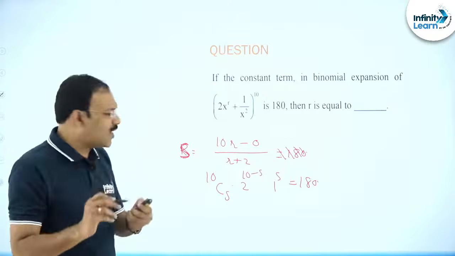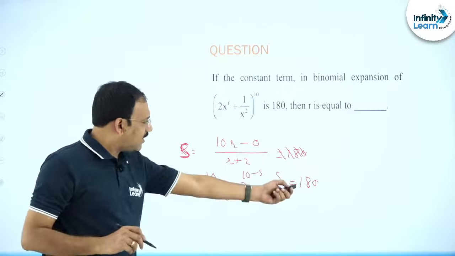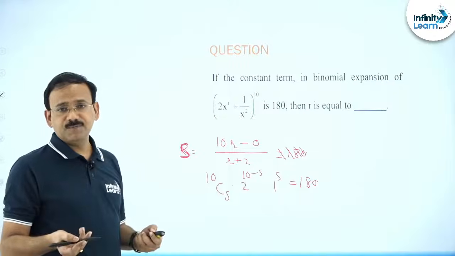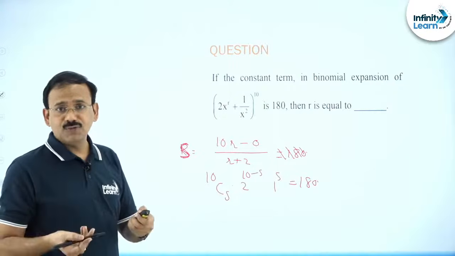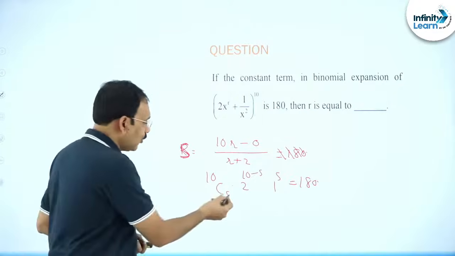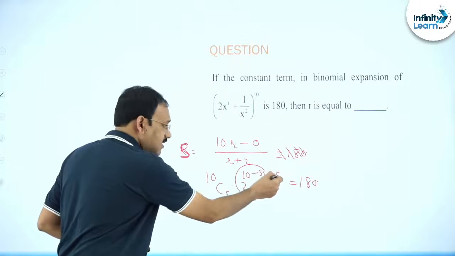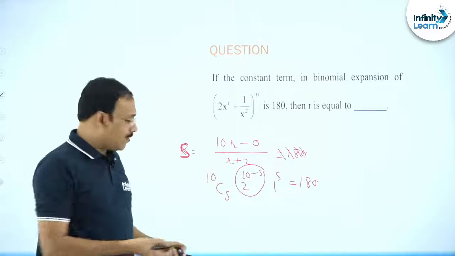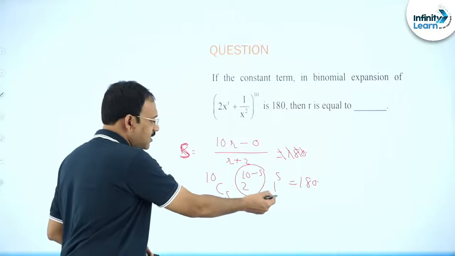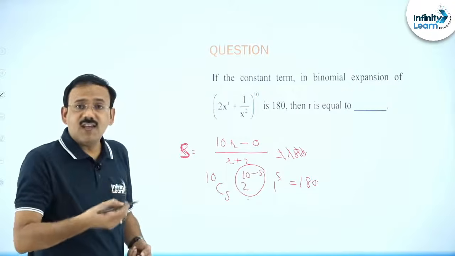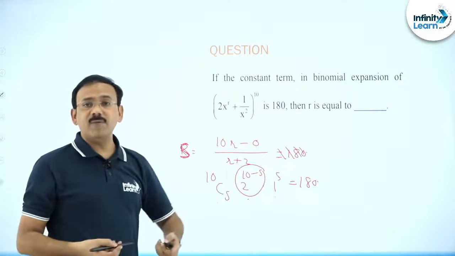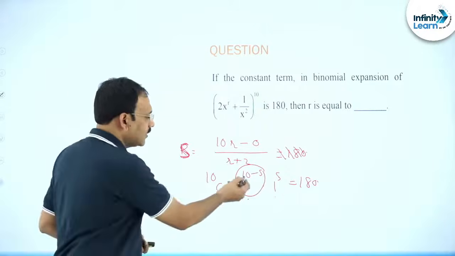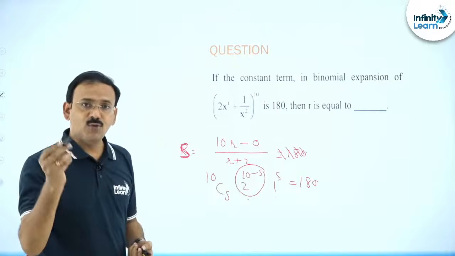Just tell me one common sense thing, friends. 180 is actually 4 into 45. This 10 minus s cannot be 3 because if 10 minus s is 3, 4, 5, the right side will be a multiple of 8, 16 and so on. So 10 minus s can be either 2 or 1.